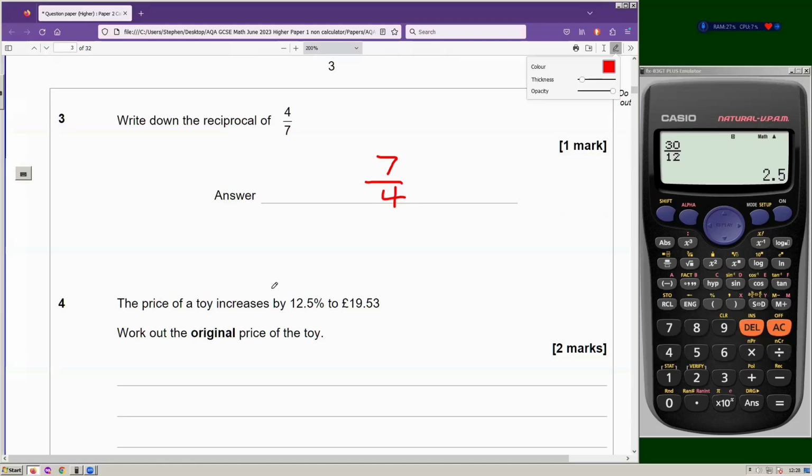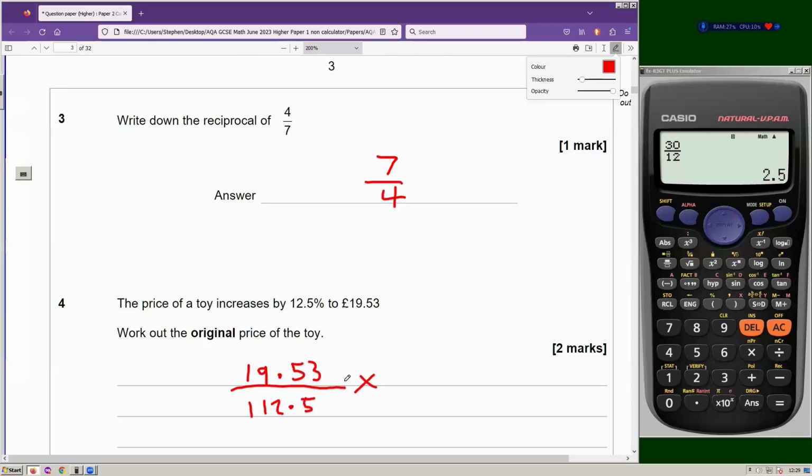The price of a toy increases by 12.5% to 19.53. Work out the original price of the toy. We have to recognize that 19.53 is 112.5%. So we go 19.53 divided by 112.5, and then bring it back.